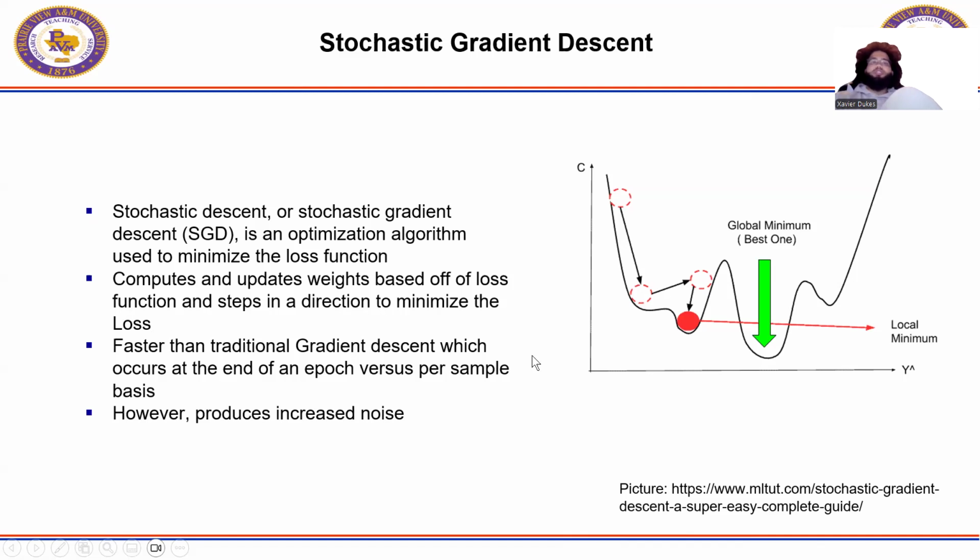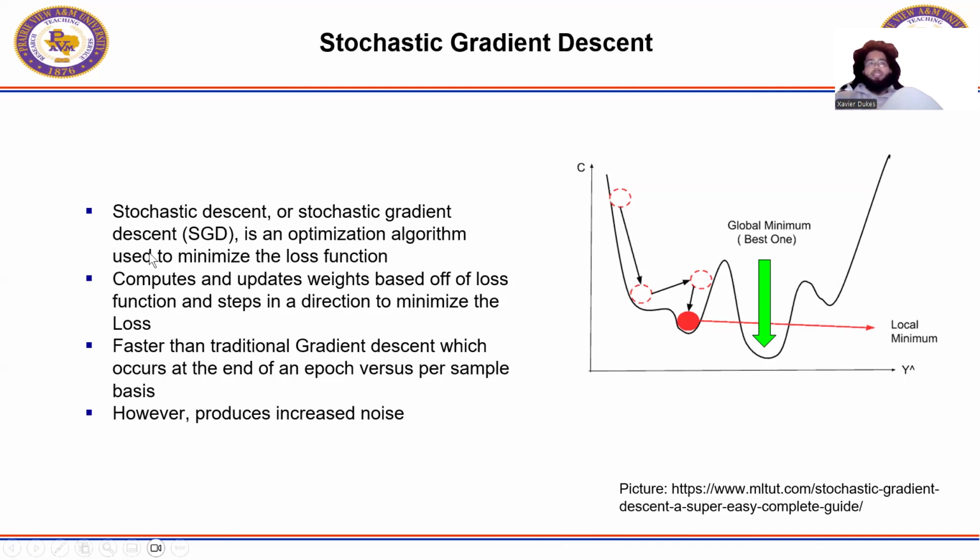It's faster than traditional gradient descent, which occurs at the end of an epoch, one massive update, whereas stochastic gradient descent makes smaller steps and individual updates along the series of an epoch, which, I probably should have said this sooner, is an entire iteration of a data set. So in the XV data set, it would be a full iteration of the 847 images.